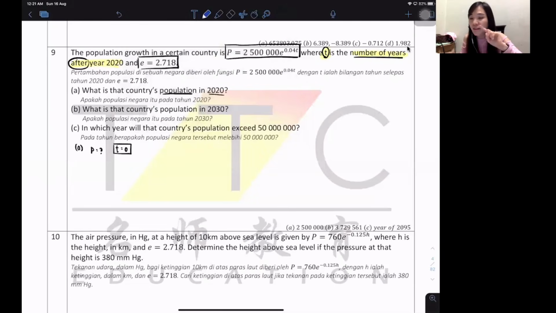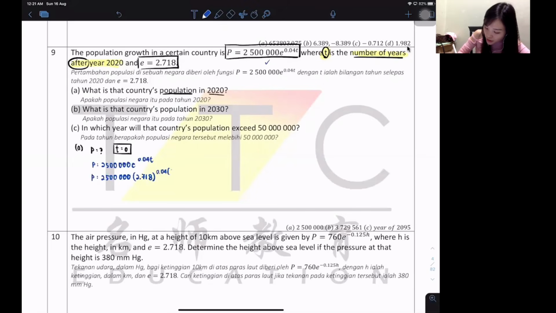So if I already have the T, how do I find the population? These questions already give you the population equation. So this particular country will always follow this equation, right? We just sub it in. You want to find P, so this is 2.5 million, the e provided on top is 2.718, power 0.04 times T, which is 0.